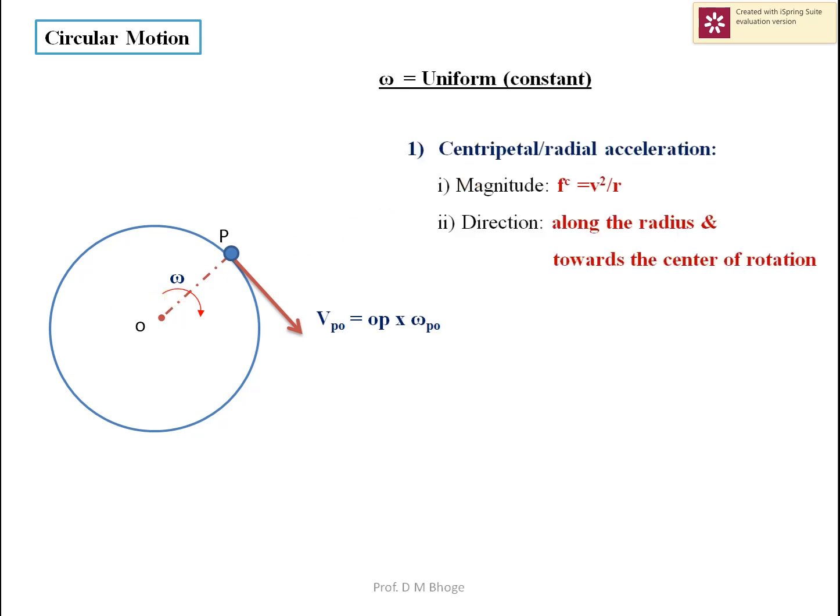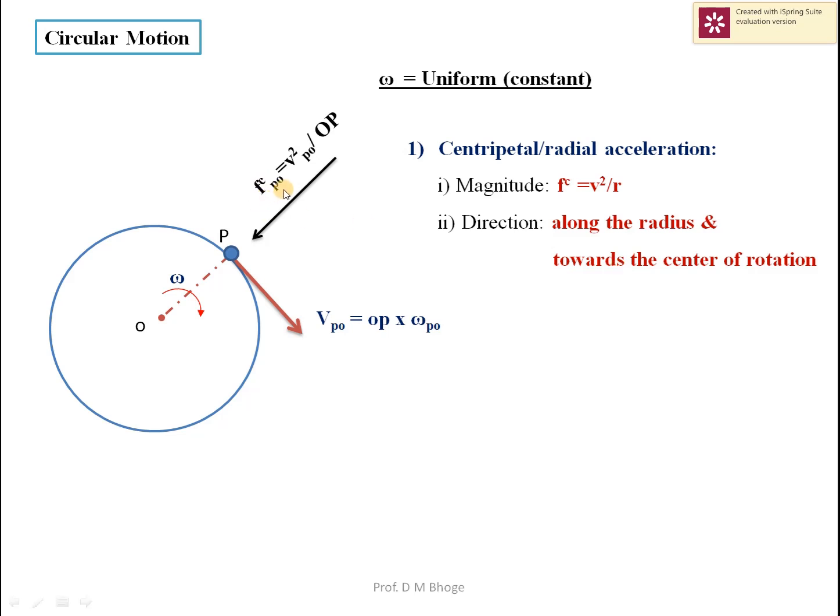One component of acceleration is always there for a particle in circular motion. That is called centripetal or radial acceleration, whose magnitude is equal to V square upon R. V is the linear tangential velocity and R is the radius of rotation. And the direction of this acceleration is along the radius towards the center of rotation, like this.